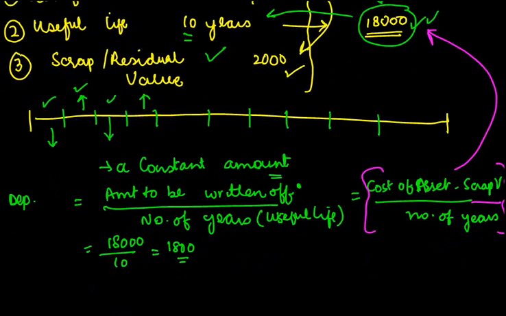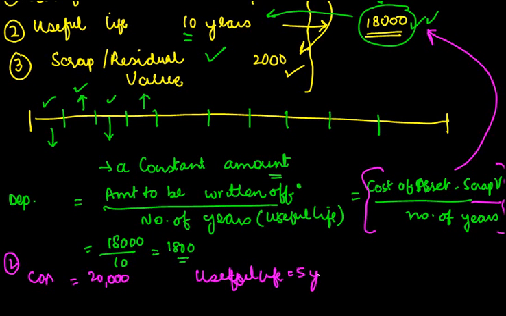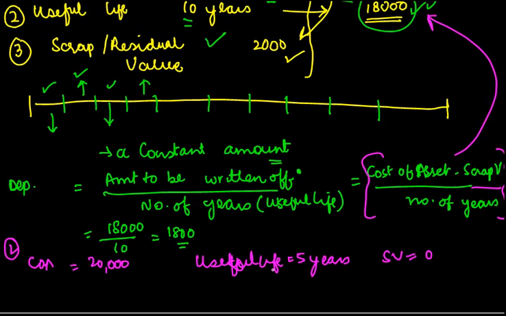So let's say now if I tell you that the cost of asset, okay, this is problem number 2, is 20,000, useful life is 5 years, and scrap value is equal to nil. Then how much is the depreciation?